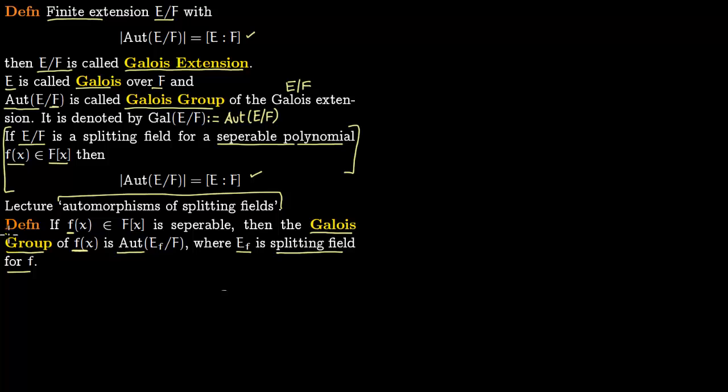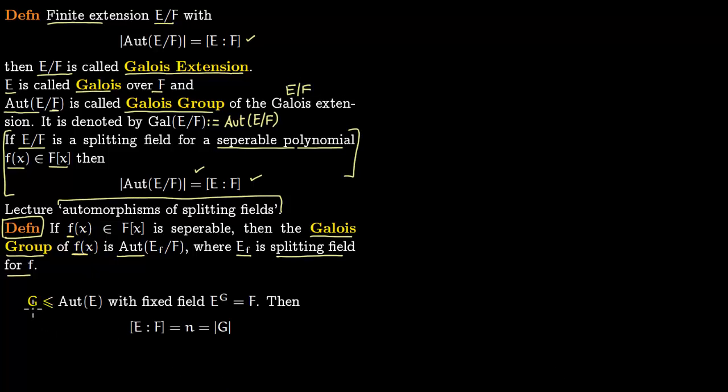This definition is motivated by this relation right here. So again, you take a separable polynomial, find its splitting field which is E subscript f, and the automorphisms of E subscript f which fix field F are precisely the Galois group of this separable polynomial.